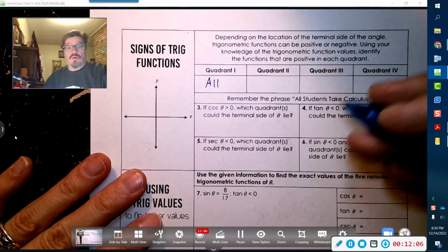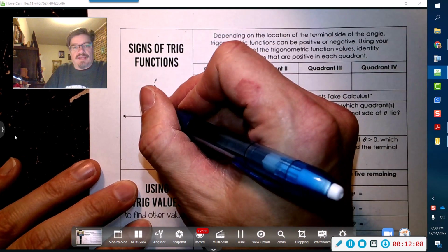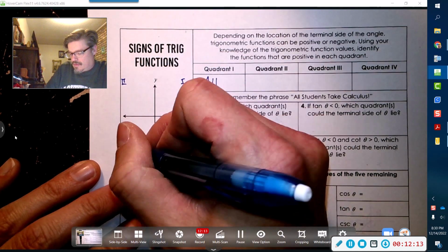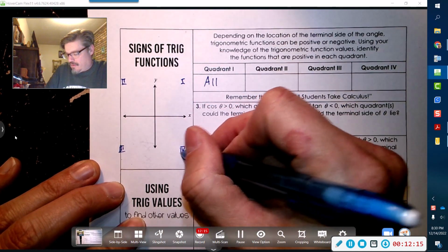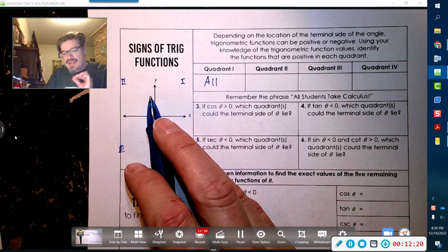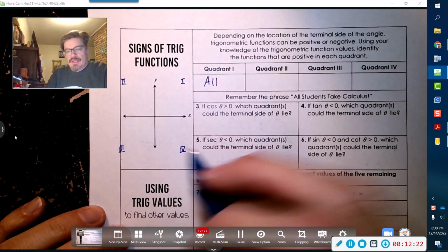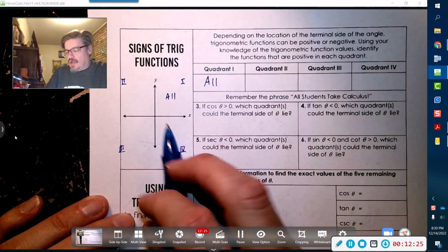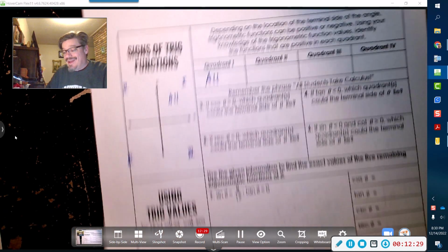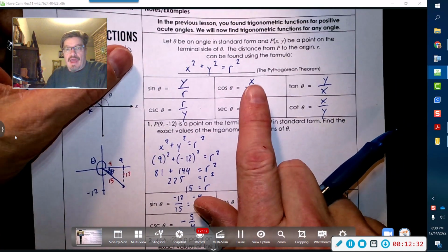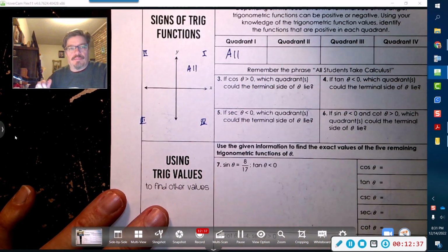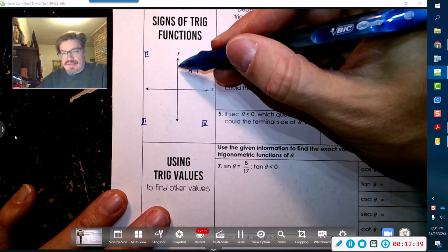Namely, when we get to quadrant 2, remember it goes counterclockwise, as soon as we go over here, the x values start to get negative. So cosine becomes negative, because remember, it is related to the x value, but sine is still positive.